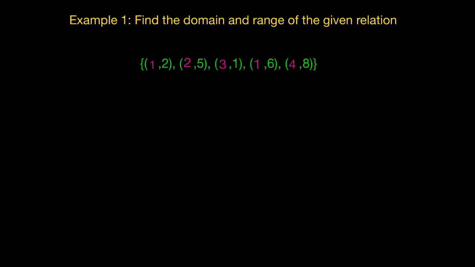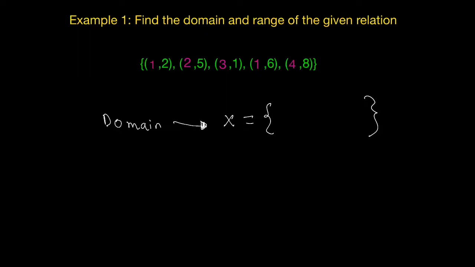Now I want to arrange these. To get my domain, I want to arrange all of my x values from least to greatest. So I have a 1, 2, 3, 1, and 4. Let's set this up. Domain, we say that's going to be x equal to the set.